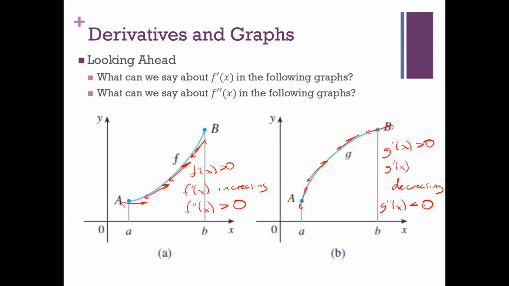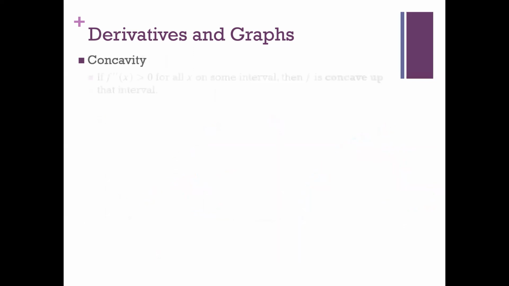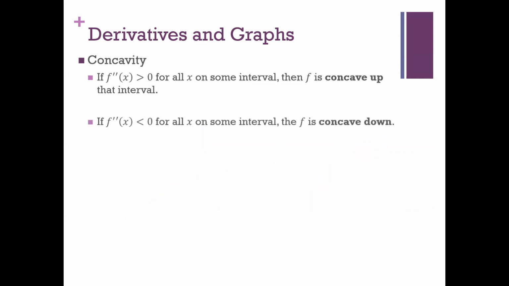So let's go a little further. I don't want to leave you there. Let's talk about this issue of concavity. Concavity is, by definition, tied to the idea of a second derivative. If the second derivative of a function is positive for all x on some interval, then f is concave up.